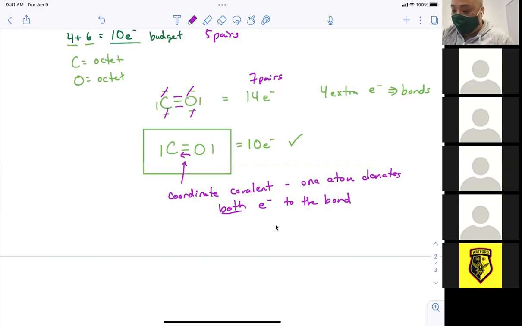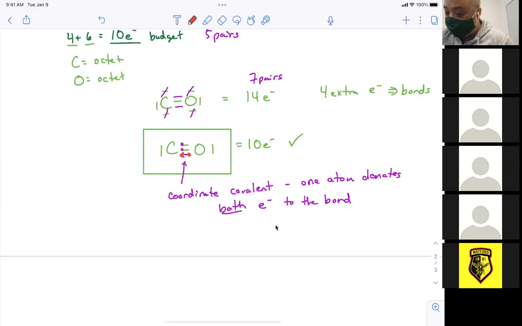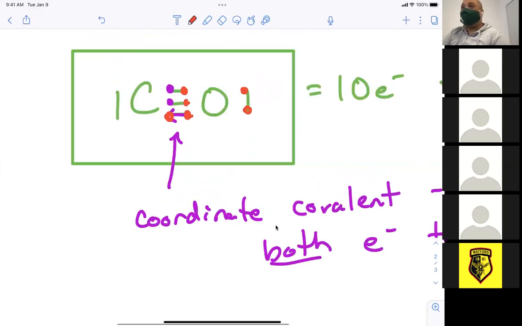Carbon has 4 electrons, and two of them are in the first two bonds. So those last two electrons have to come from oxygen. You have to account for the 6 electrons of oxygen: a lone pair, 2 in the first two bonds, and the last 2 are the last bond. Does everyone see how I did that?